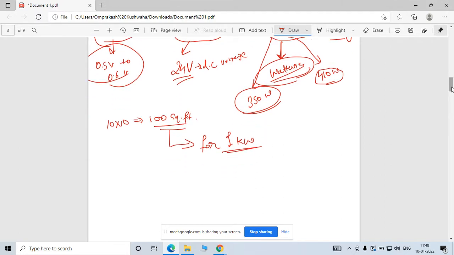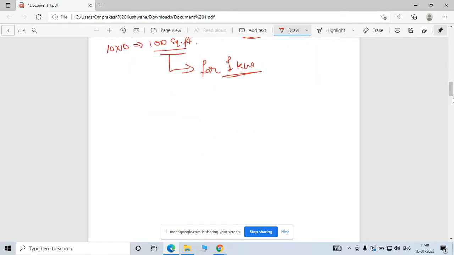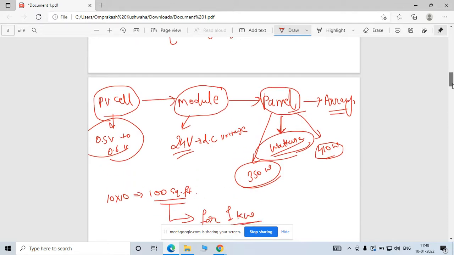Now see, there are different series parallel combinations of these modules or panels, which become an array, right?